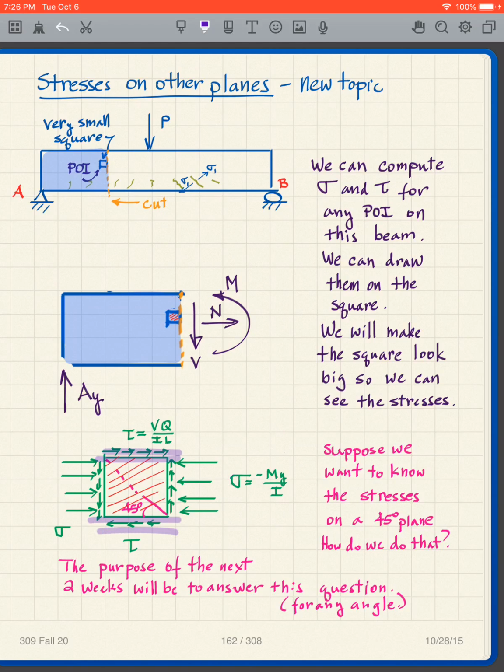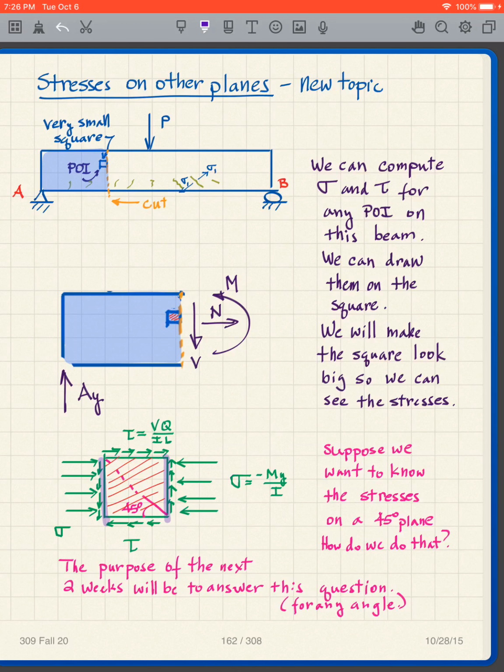So the planes that we have been looking at, that we have been able to figure out these stresses, the sigmas and the taus, have been vertical planes and horizontal planes. And that's it. Vertical and horizontal planes.